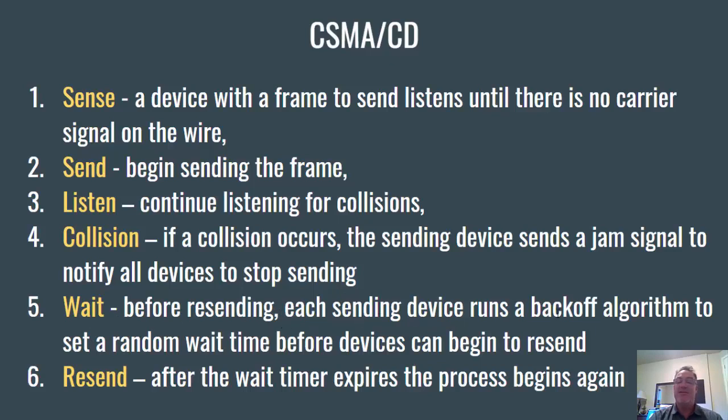Each sending device runs a back-off algorithm to set a random wait time before devices can begin to resend. And then after the wait timer expires, the process begins again. You can resend, and the process begins again where you're sensing, no one's sending, and then you can send. So essentially, these are the steps in CSMA/CD, carrier sense multiple access with collision detection.